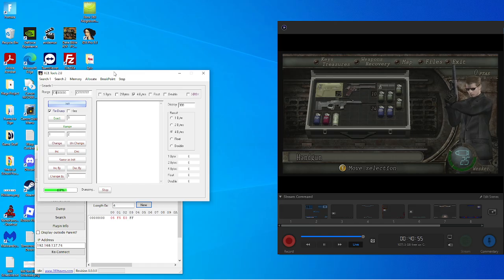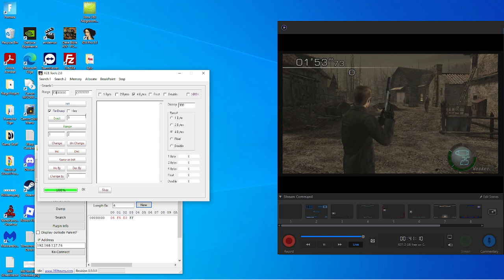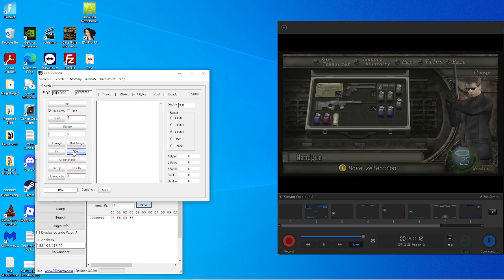And honestly, I think it's good practice to just go for one memory region at a time anyways, because there's technically 16 memory regions and we're only looking through 2. So this can get very confusing very quickly. Okay, timer went down a few seconds. Decrease.